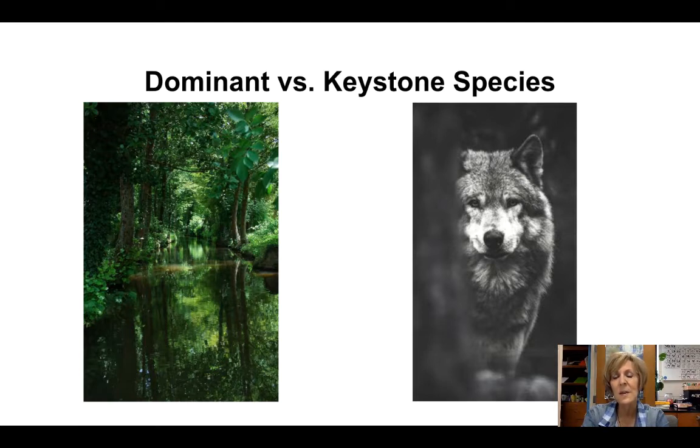But a keystone species, as I said before, is going to be a pivotally important species in that ecosystem that is going to affect the population sizes of other populations of organisms and the quality of that environment. So they have an importance for the whole ecosystem that is much greater than one would think.